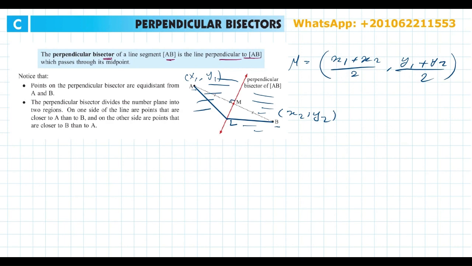Notice that the points on this side are closer to A than B, and the points on this other side are closer to B than A. So you have two regions: this is region B, for example, and this is region A.